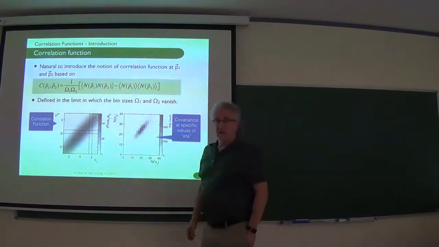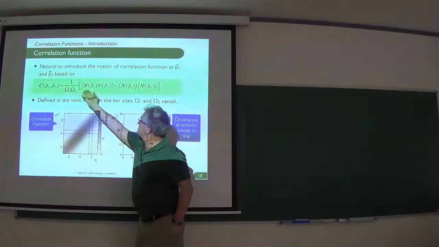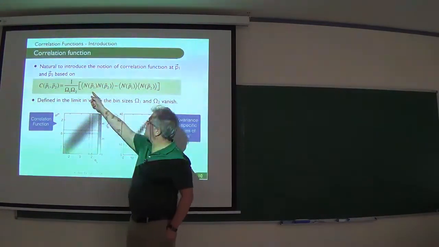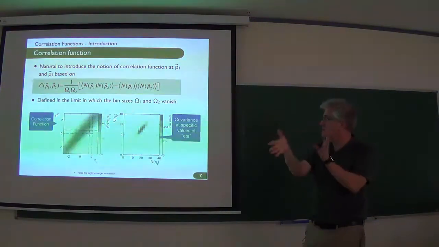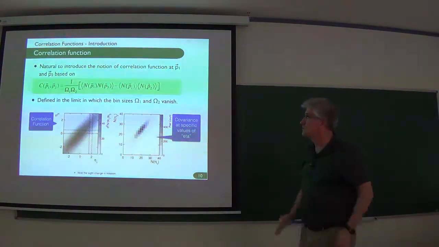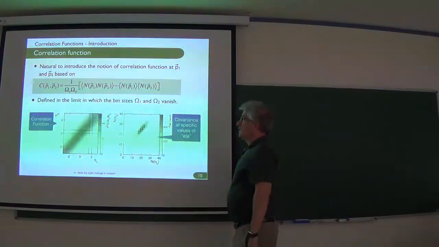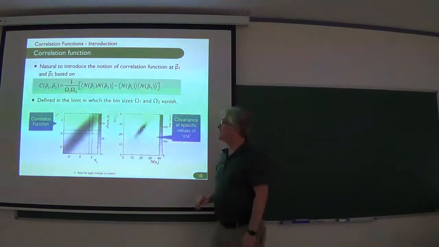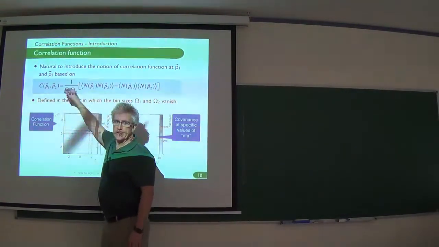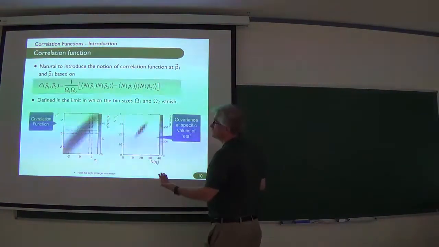Now, as I already said, if I only look at this part, it is obviously dependent on the size of the detection cell that I'm using, the solid angle that I'm considering. So to make that somewhat independent of the solid angle, I can divide by the solid angle. So I'm doing a two-particle correlation.